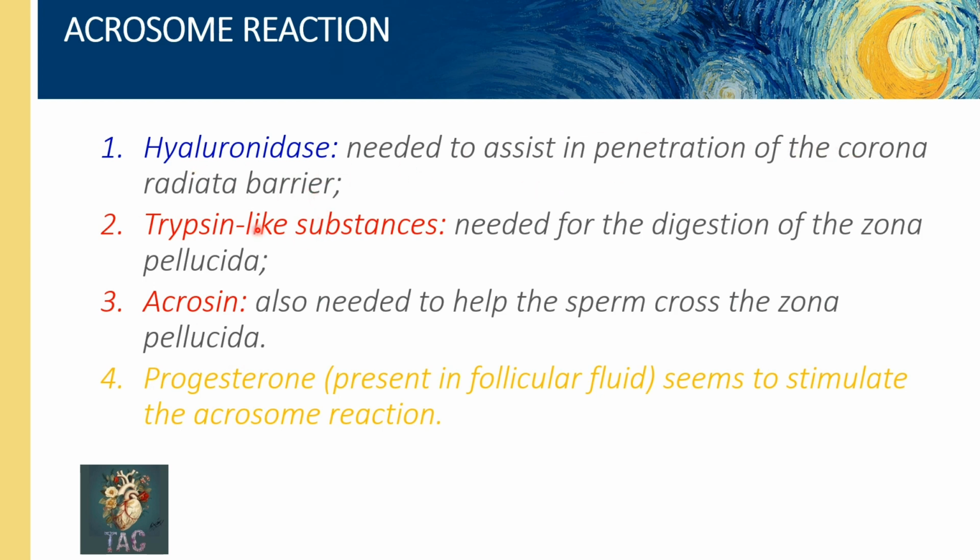Then a trypsin-like substance is needed for digestion of the zona pellucida. Acrosin is also needed to get the sperm across the zona pellucida, and the progesterone present in follicular fluid seems to stimulate the acrosome reaction. So all these reactions take place because of these enzymes, and after the acrosome reaction, only the capacitated sperm can fertilize the ovum.